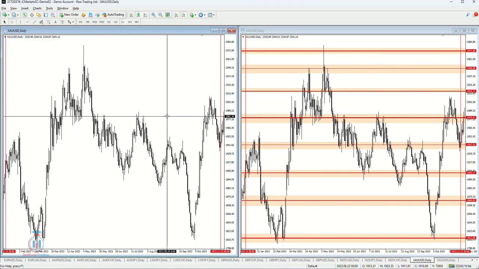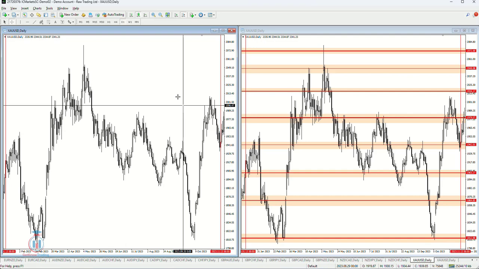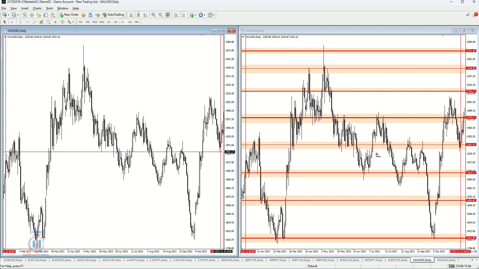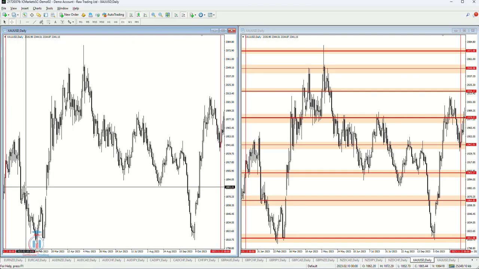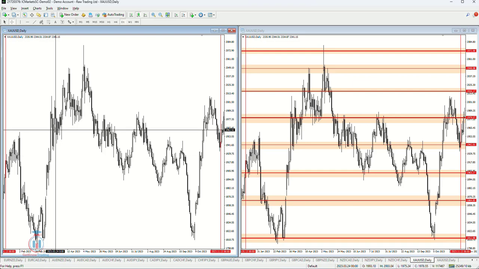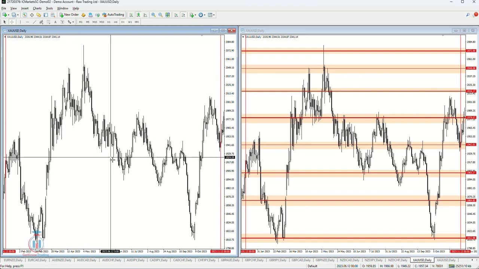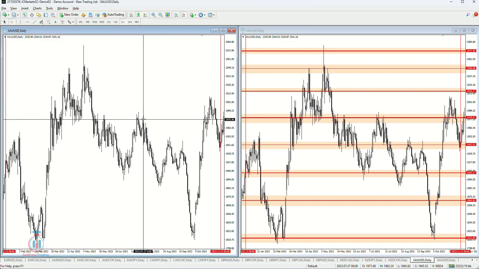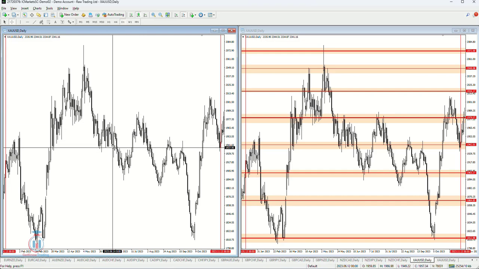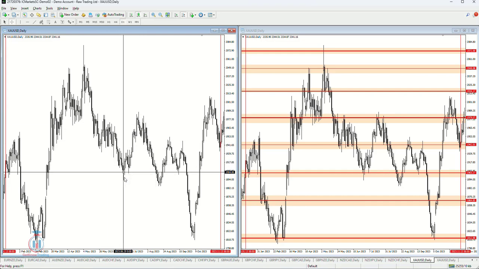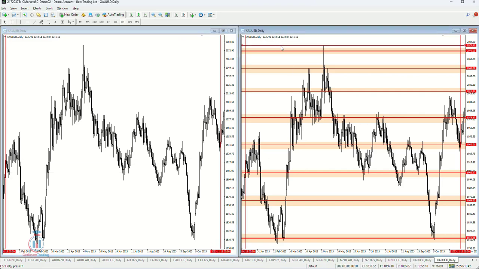Now if you take a look at how the chart looks on the left side and on the right side, you can easily see that there is a little less chance to cleanly define where the price could stop, for example here, and where the price could make a breakout going down or going up. But on the right side you can see how the price goes up and down, and also where the price could stop.